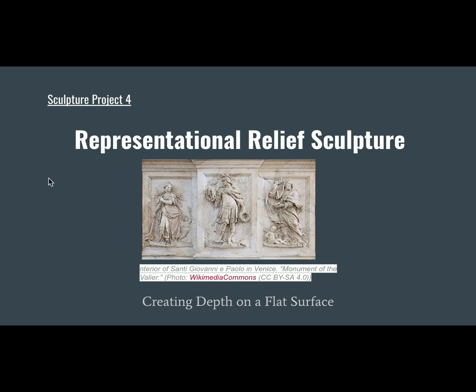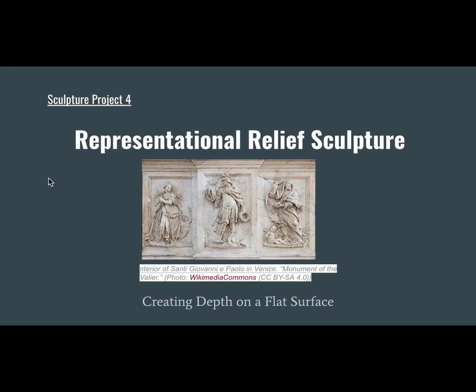So what you're looking at now is a relief sculpture of three people. You can make representational art of all kinds of things, of a plant, of a flower, of really anything.